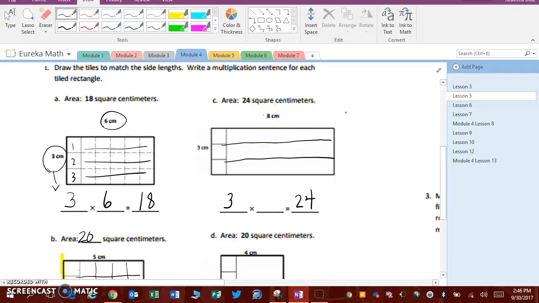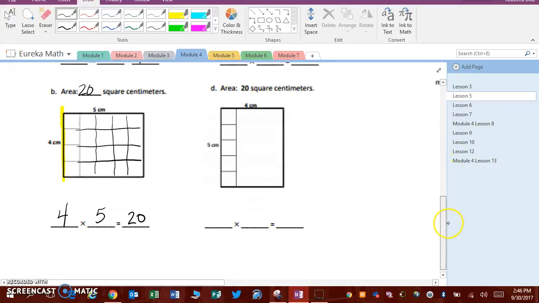This number is an 8, so that tells us we need 8 total squares. So I'm going to divide this kind of in half. It means I need 4 squares over here and 4 over here. 1, 2, 3, 4, 5, 6, 7, 8. Got it. And that number goes here. So if you skip count, you get 3, 6, 9, 12, 15, 18, 21, 24. There's your total number of square centimeters.